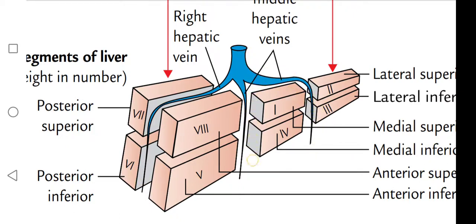Coming to the middle hepatic vein, this is the middle hepatic vein. This middle hepatic vein divides the liver into the physiological lobes or true lobes. We call these true lobes functional lobes.